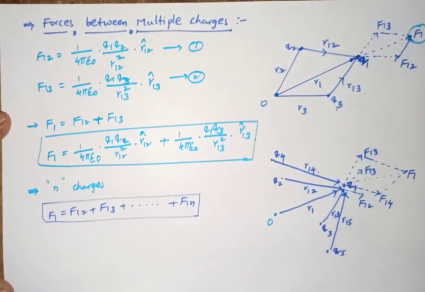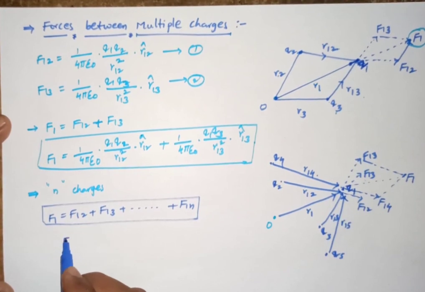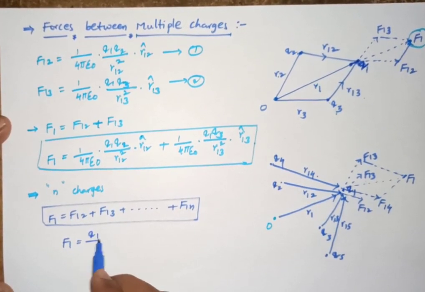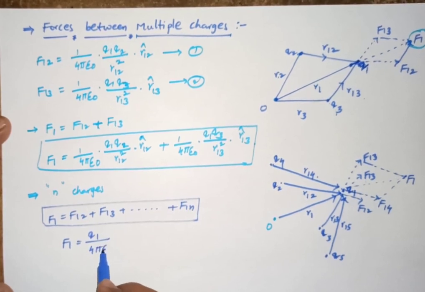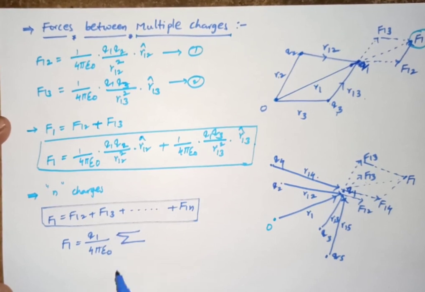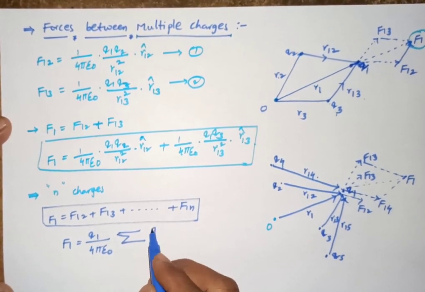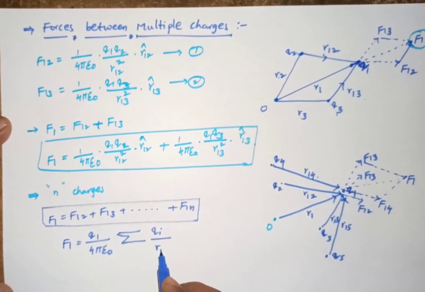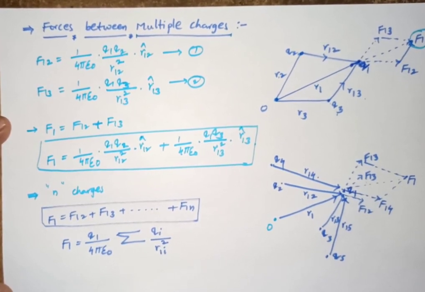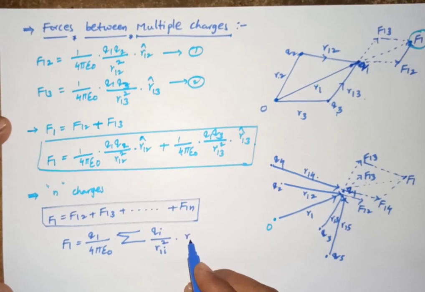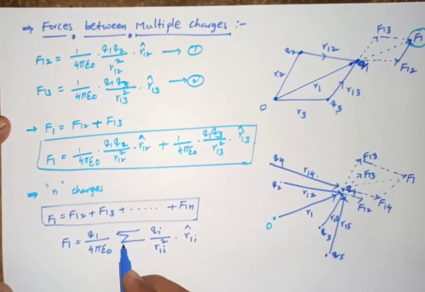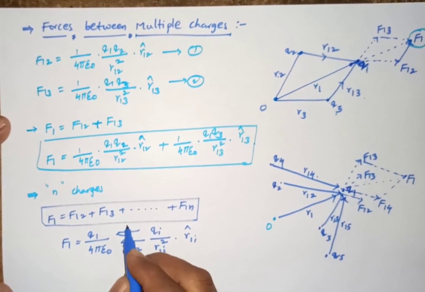It is written as F1 equals q1 is common, by 4 pi epsilon naught, into the summation of qi by r1i square into r1i cap, where i equals 2 to n.